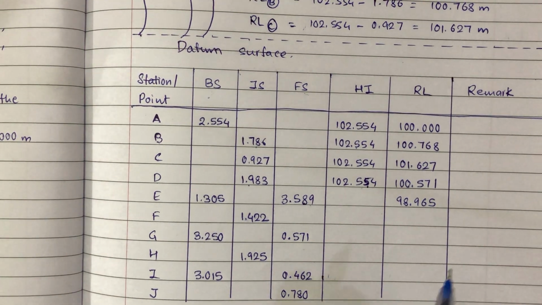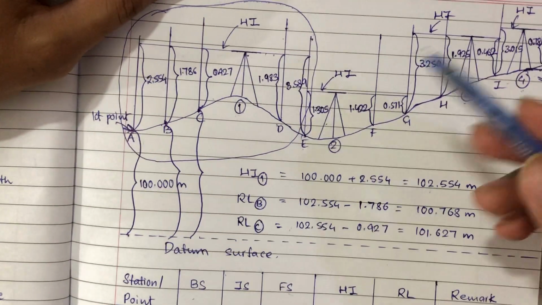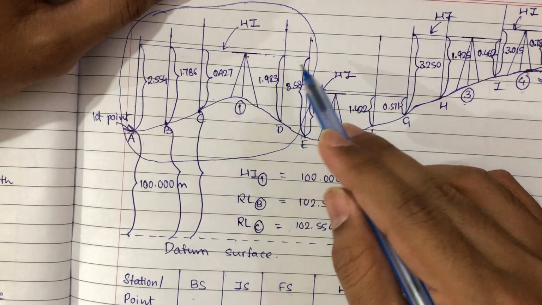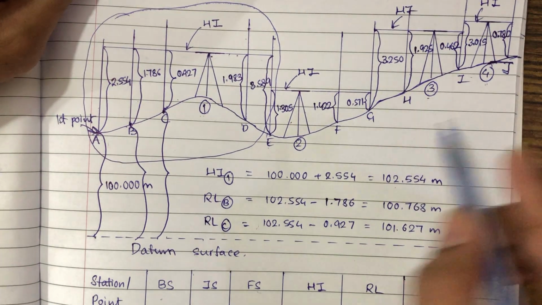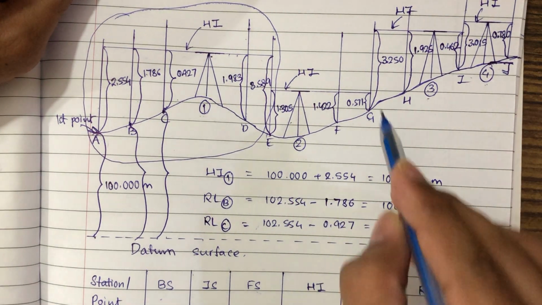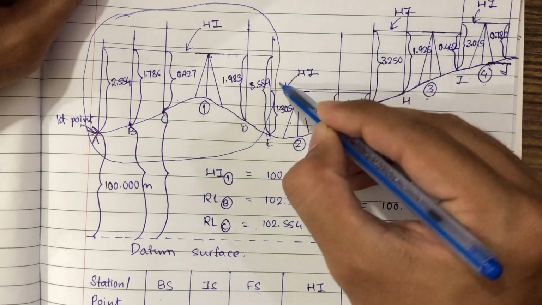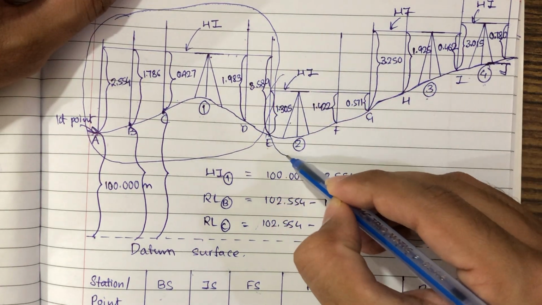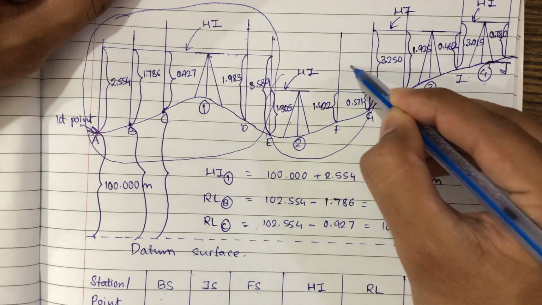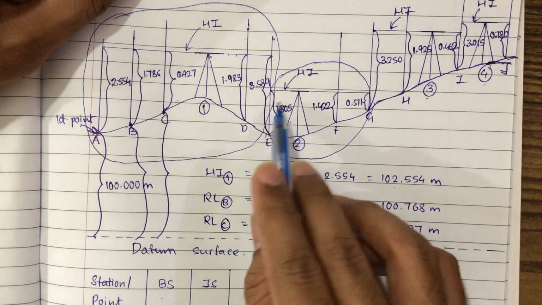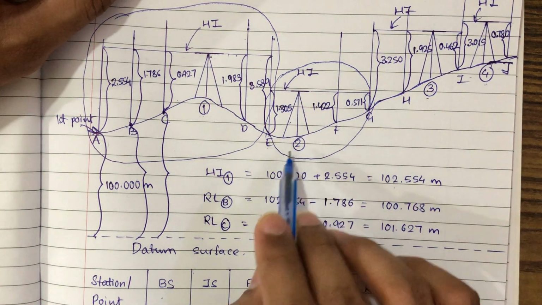Okay. Now, after this, the instrument changed its position. After this reading, 3.589, the instrument changed its position. So it came to this position 2. So now we will consider only this, when the instrument was at its point 2.